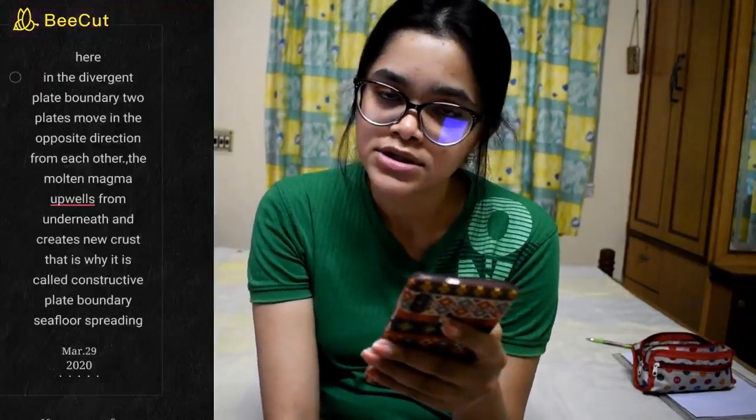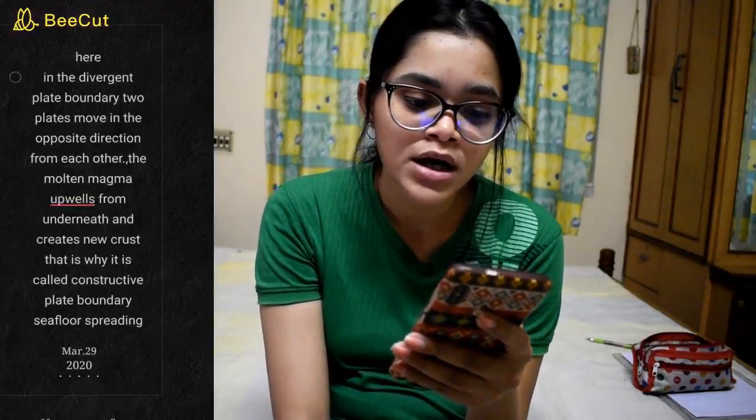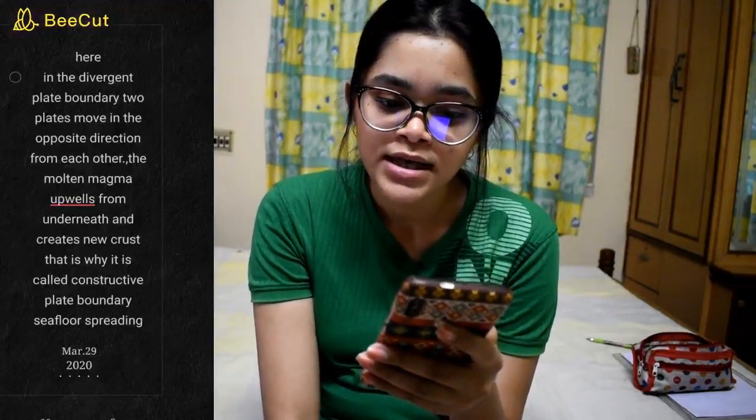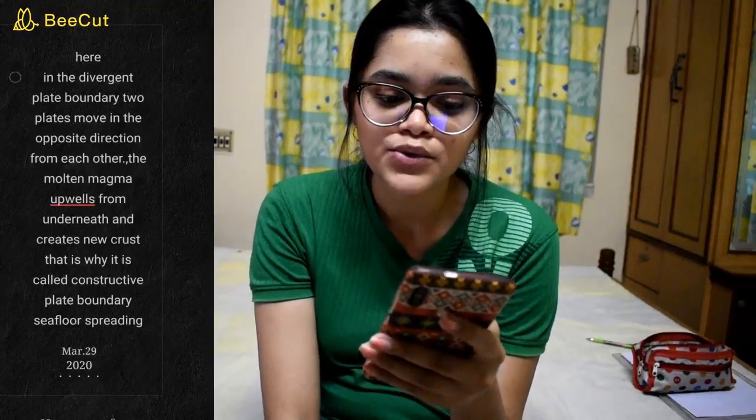We will now talk about the divergent plate boundary. In the divergent plate boundary, two plates move in the opposite direction, going away from each other. As we know, molten magma upwells from underneath and creates new crust.